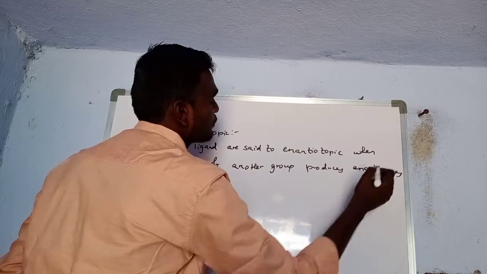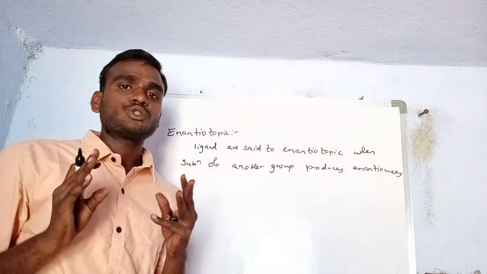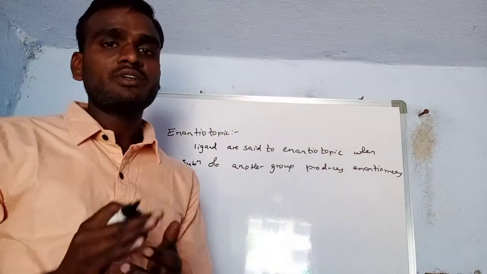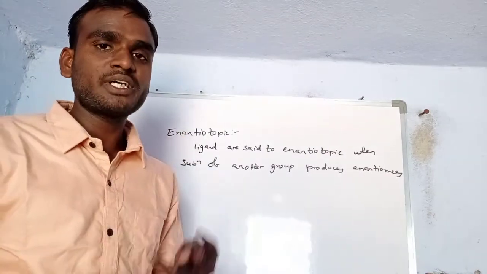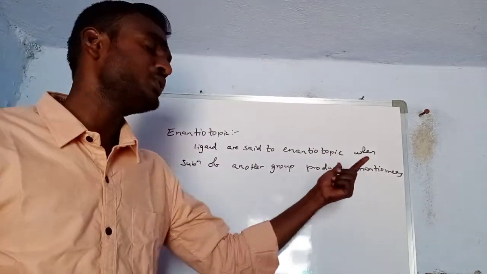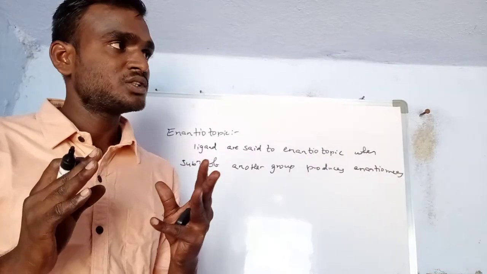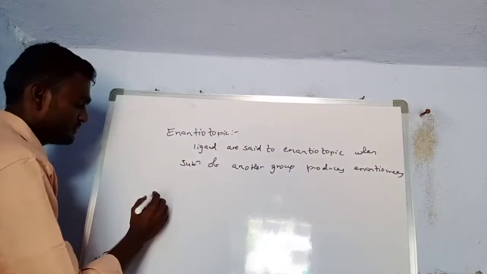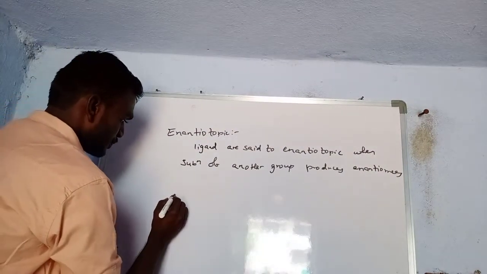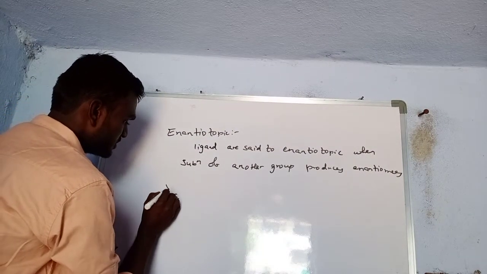Okay, see, the ligands are said to be enantiotopic whenever two groups are there, and one of the groups is replaced by another group, then they produce enantiomers. Then those ligands are known as enantiotopic. Let's see one example for this. If we are taking the molecule, it will be like this.